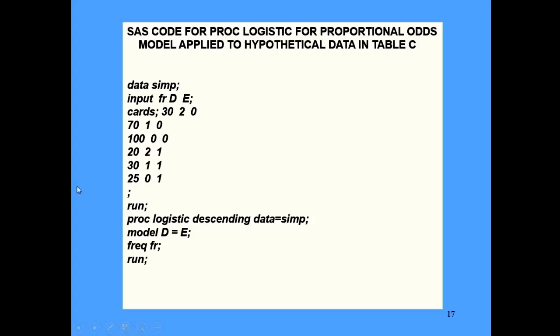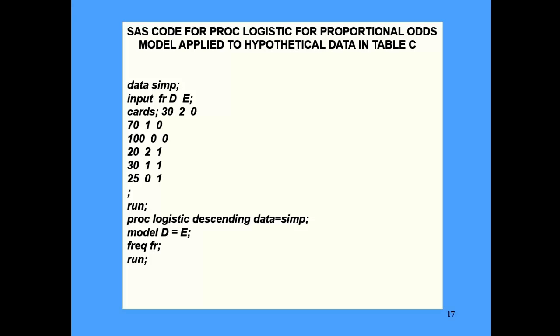Now, one of the things you may notice about this code, and I'll show you the code soon for the real data set with the variables we're controlling for, differing from the polytomous logistic regression approach, is that when we did polytomous, what did we have to add? G-logit. Do you see that here? No. So when you're running proc logistic to do ordinal logistic regression, there's no G-logit statement.